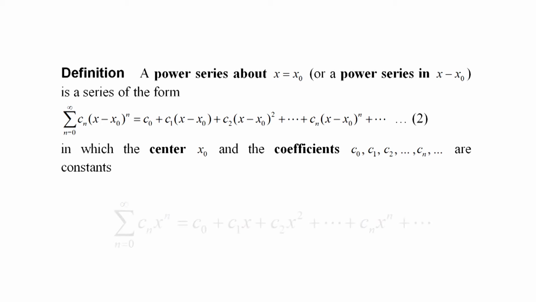The power series summation C_n x power n from 0 to infinity, equal to C naught plus C1 x plus C2 x square plus etc. plus C_n x power n plus etc., is a power series with a center at 0.